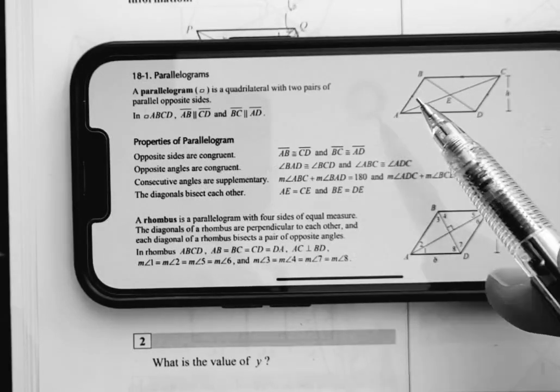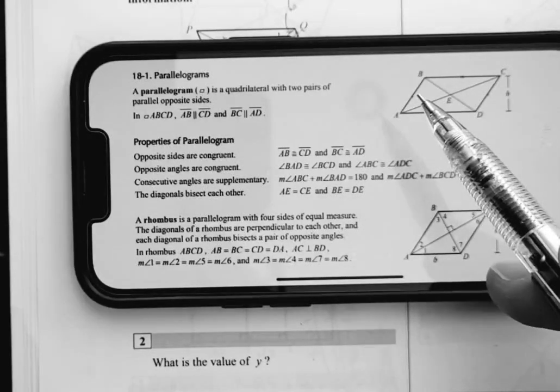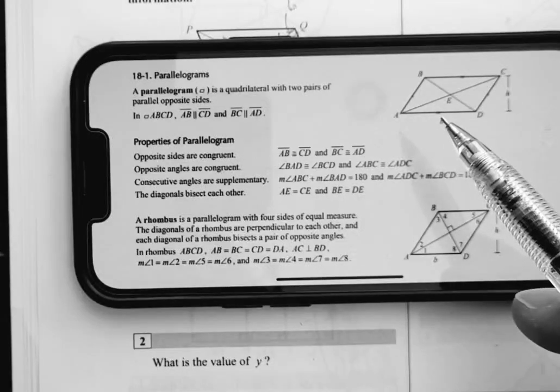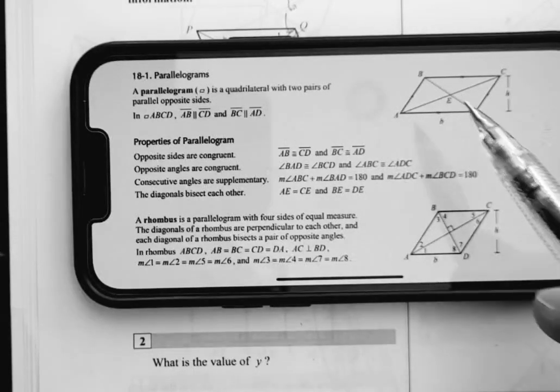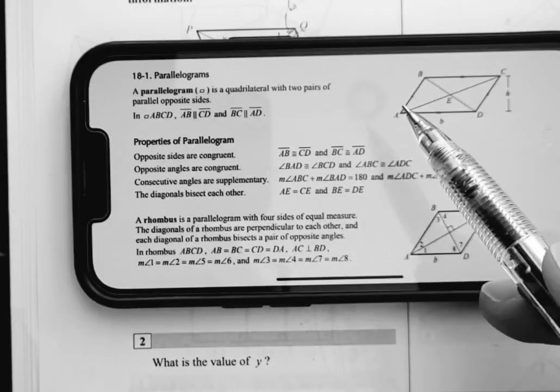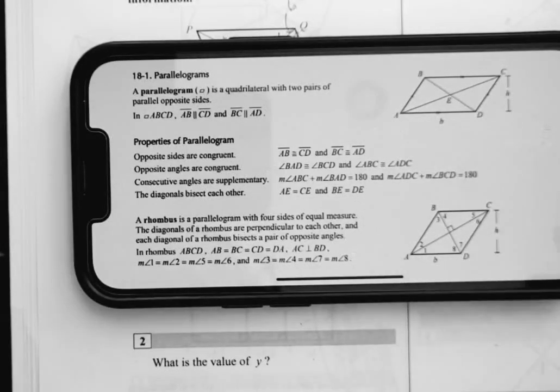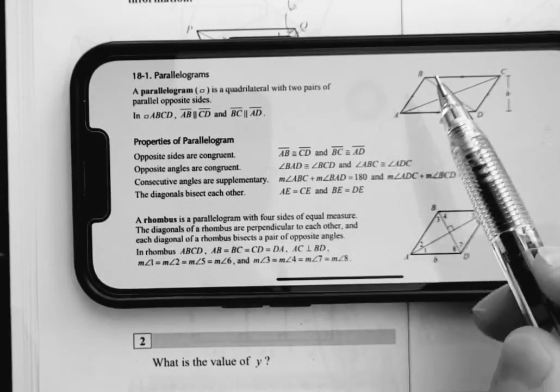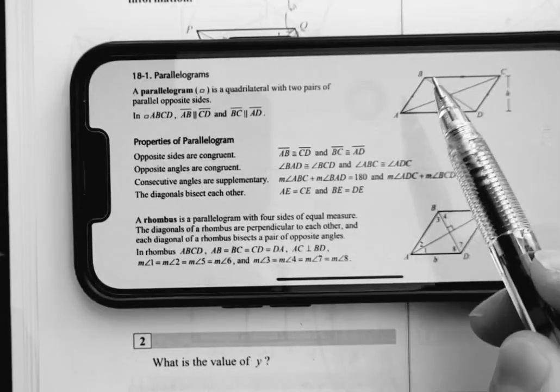It doesn't mean that these two sides are congruent, but opposite sides are congruent, okay? And opposite angles, so this angle and this angle with this angle, they're congruent as well, okay? Because of that, these two angles are supplementary.